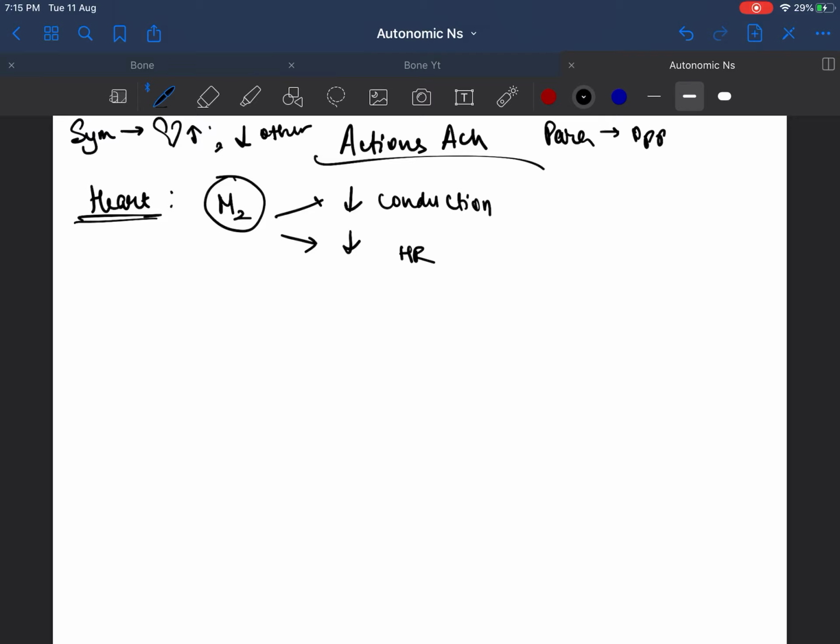But there is a way to know the mechanism of action behind this. They decrease conduction by increasing the AV nodal delay, and they decrease the heart rate by changing the slope of the fourth phase of the action potential.